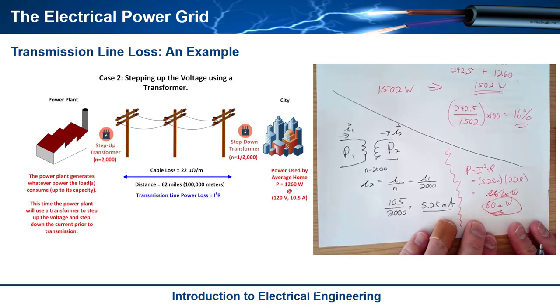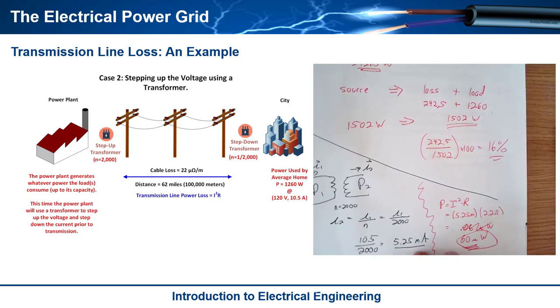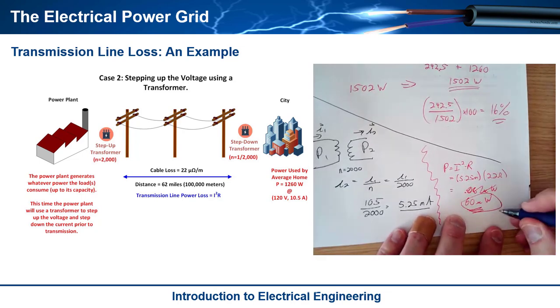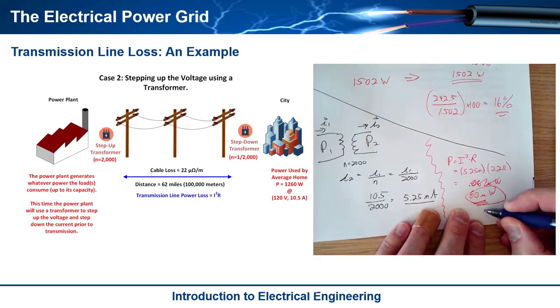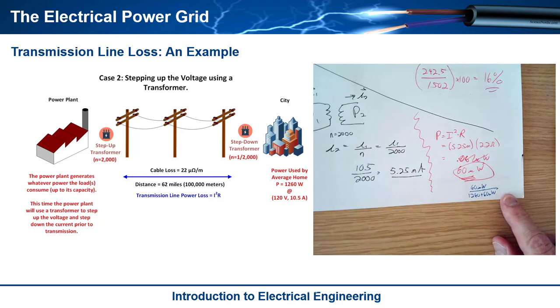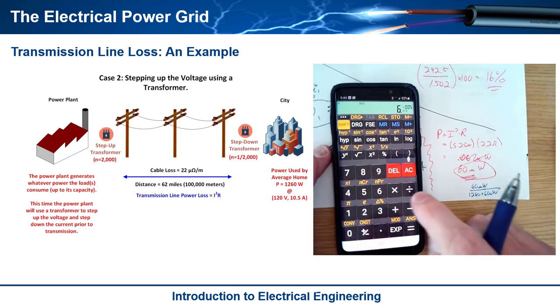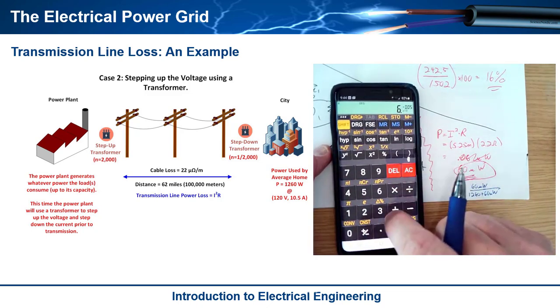Now let's compare that to our original percentage. How much power is actually getting lost? Well, you can almost say it's 0. If I came down here, it would be 60 microwatts over 1260 plus 60 microwatts. That is what percentage 60 micro is of the total amount that this generator had to send down.